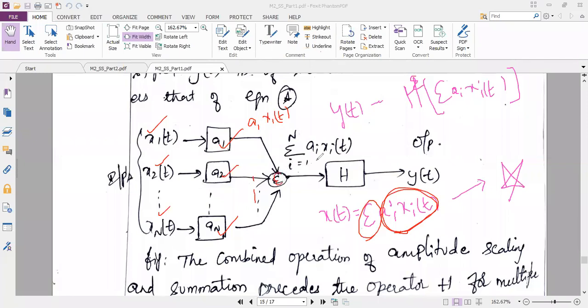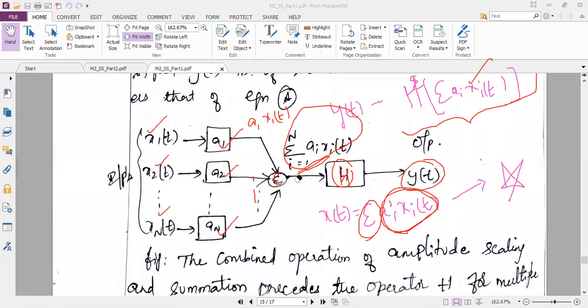At the end of summation, I will get summation i equals 1 to n of ai xi of t. If I pass this to the operator h, I get the equation y of t is equal to h of summation ai xi of t. Output is nothing but the operation h performed on this input, which is the sum of inputs.